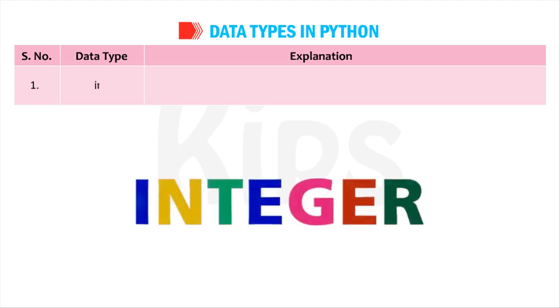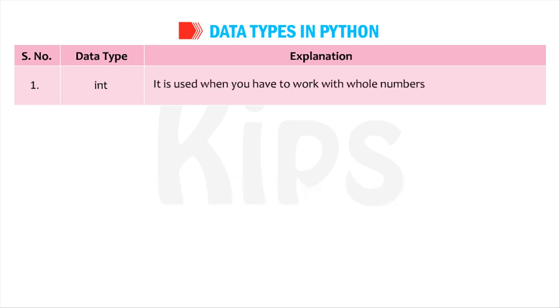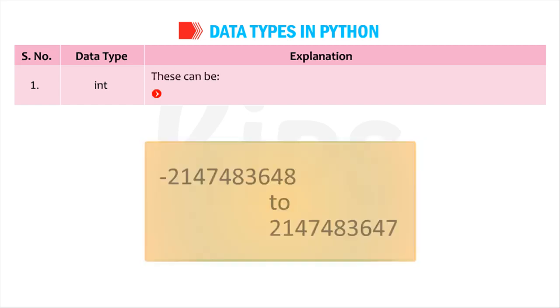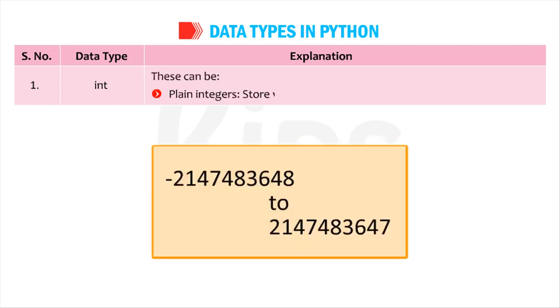Number 1. Integer. It is used when you have to work with whole numbers, positive or negative. These can be plain integer, which store values in the range of -2147483648 to 2147483647.